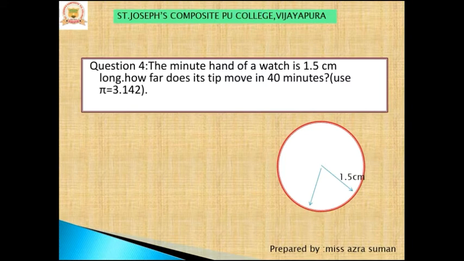Now our question is, after 40 minutes, how much does this tip move? We have to calculate this length, that is the arc length. They have not given theta, this angle, but they have indirectly given us its value. So using these 40 minutes, we have to calculate the angle made by this minute hand.